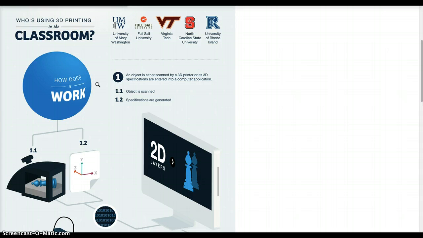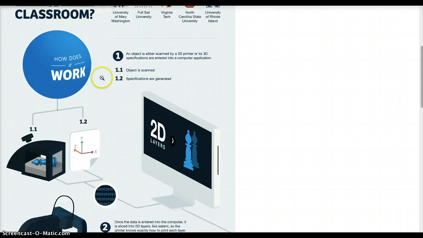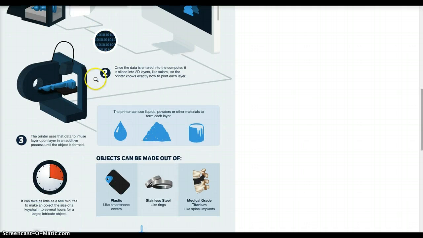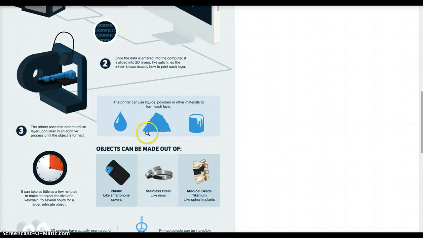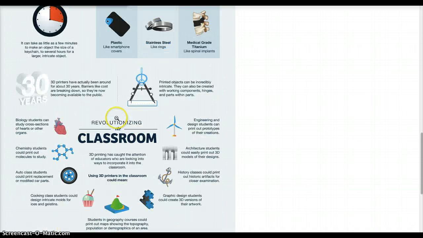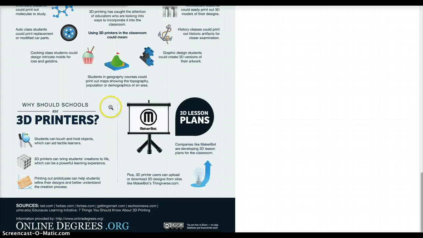Basically, an infographic is just a visual representation of data and ideas. In this case, it's on 3D printing in the classroom, and you can scroll through to take a look at some of the different concepts and ideas and ways that 3D printing is going on in the classroom.